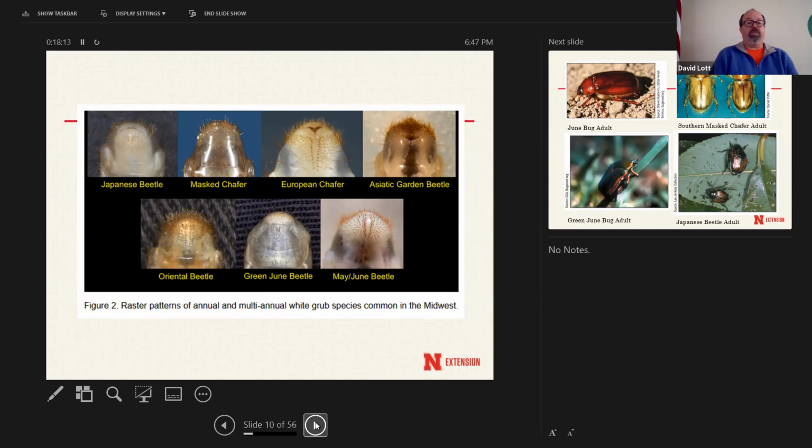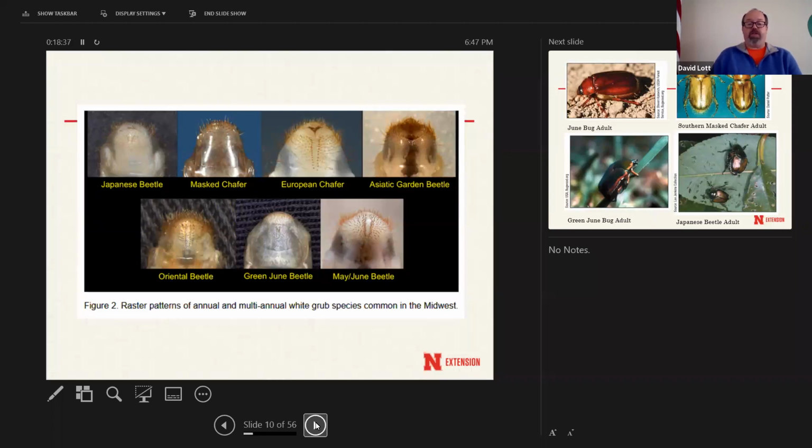So you have the Japanese beetle on your upper left-hand corner. That's a creamy white, and it's got these fine little reddish golden hairs on the back end. And that looks different than the common May-June beetle on your bottom right.